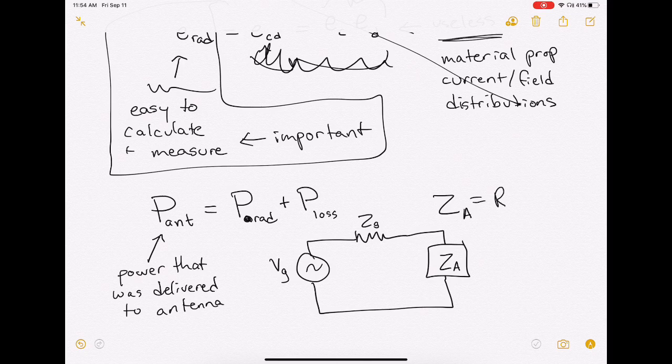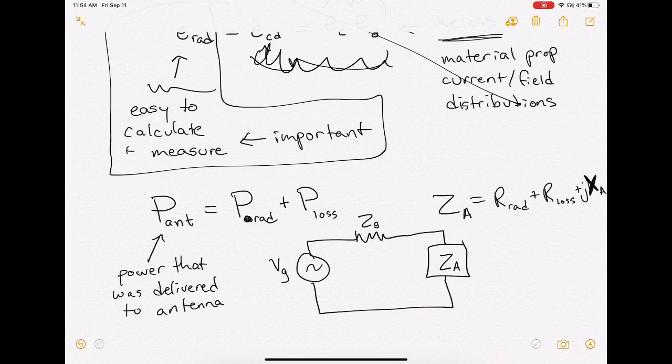We have a radiation resistance, which accounts for the power that is lost from the antenna as radiation. A loss resistance, which accounts for the power that is dissipated by the antenna as loss. And a reactance that we're not going to talk about today. That's an X, not a weird looking alpha, that's an X.